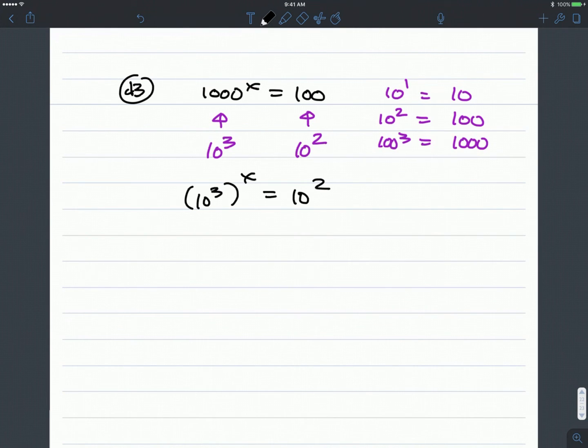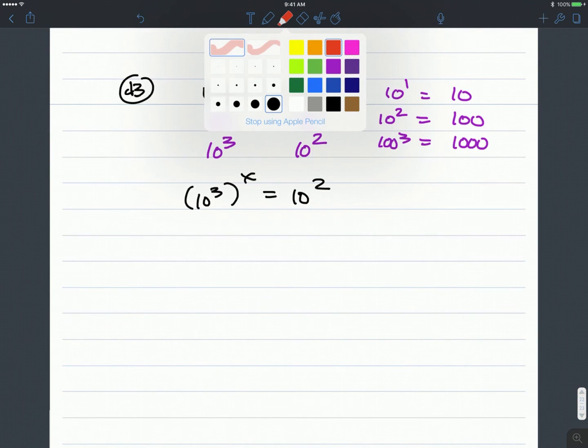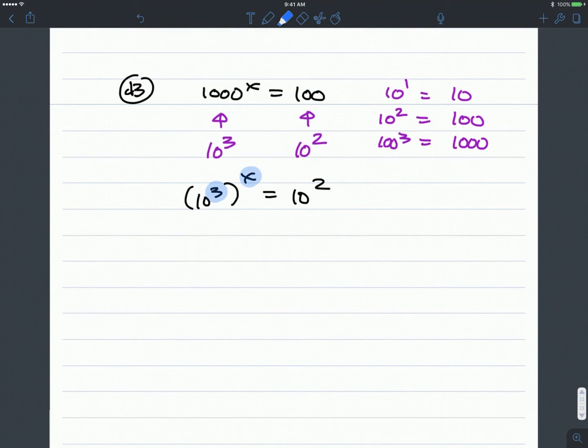Okay, anybody have any questions on this step right here? Okay, what do you do with the powers there? 3 times x is 10 to the 3x is 10 to the what? Second power. All right, you okay with that?